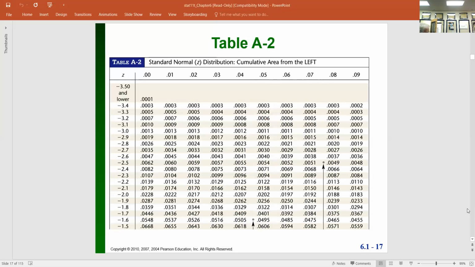So if we are given a set of data and we calculate a mean and a standard deviation, then we can use that to calculate the probability of a data point appearing within a certain range. That makes sense? Okay.